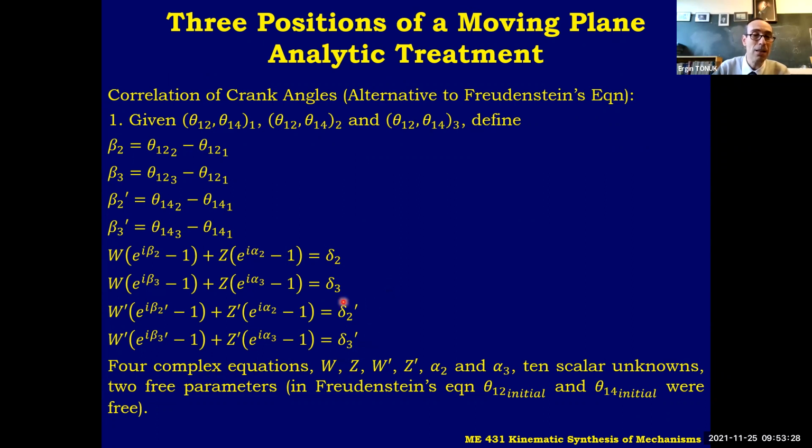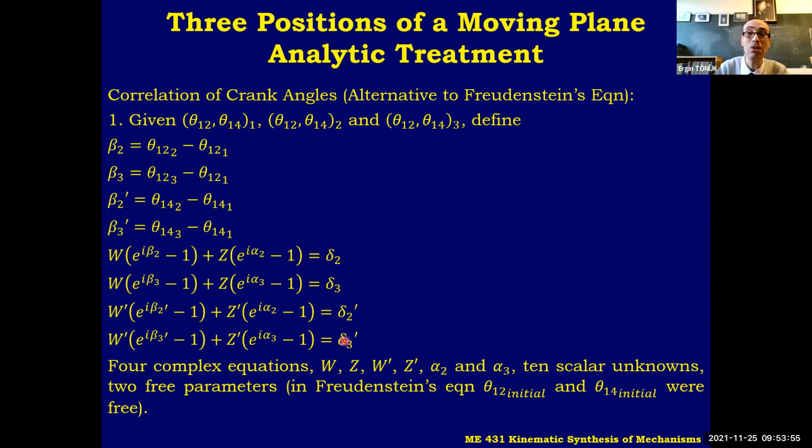Now, here, as you might have seen, there's a trick. We have displacement of one representative point on the moving plane, which is the coupler, and displacement of another point on the moving plane, which is the coupler.